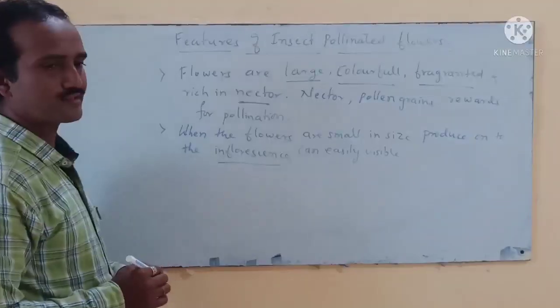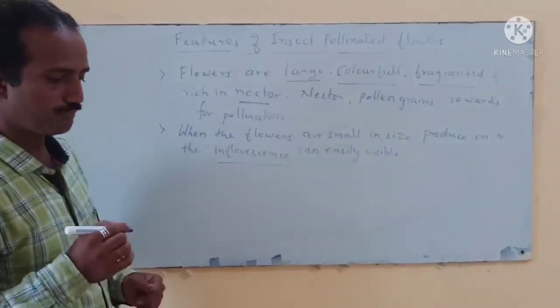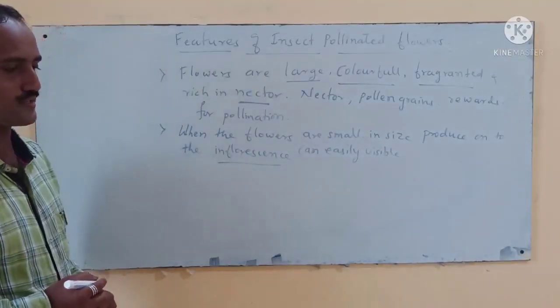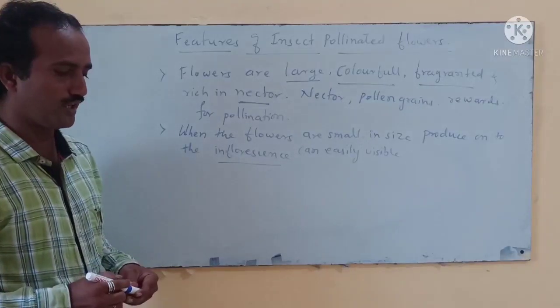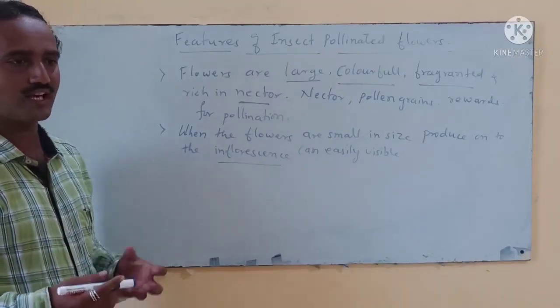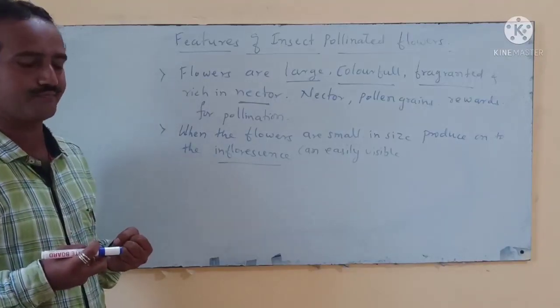Then the flowers pollinated by flies and beetles produce a type of foul odor, so that they can attract the insects.